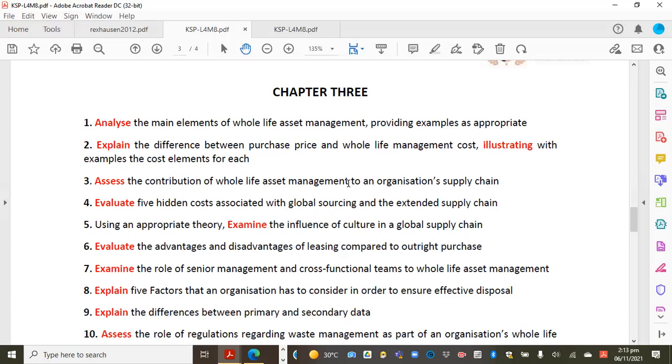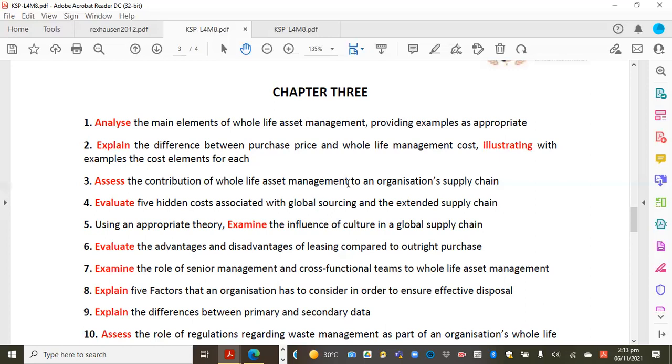And a source of competitive advantage for most organizations. So whole life asset management can support an organization in this way. Then another contribution is that it helps organizations to save costs.